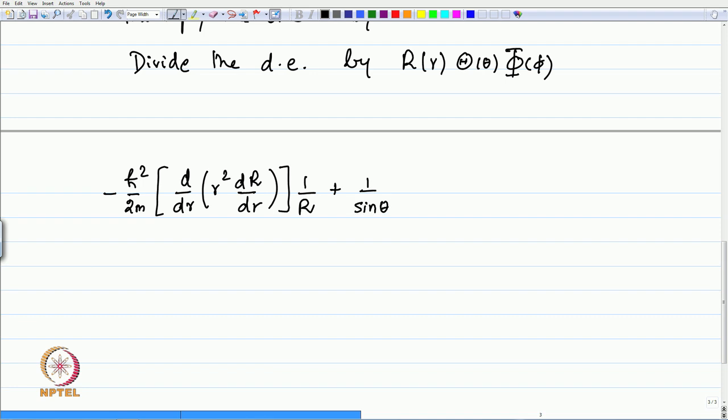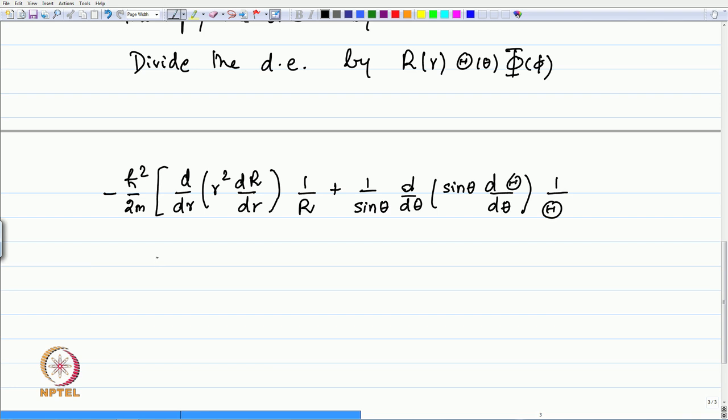Sorry, let me do the following. All right. It is that, and minus h bar square by 2m is common to both. So, you have 1 by sin theta d by d theta of sin theta d theta by d theta, and again this term will be divided by this theta function.